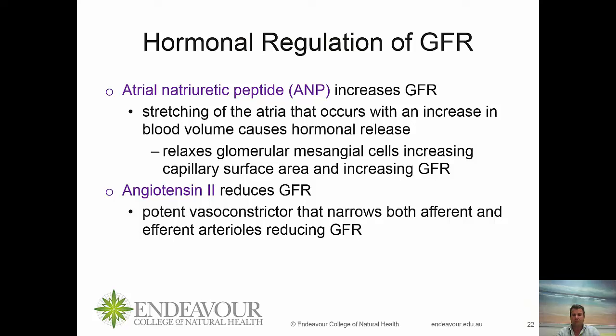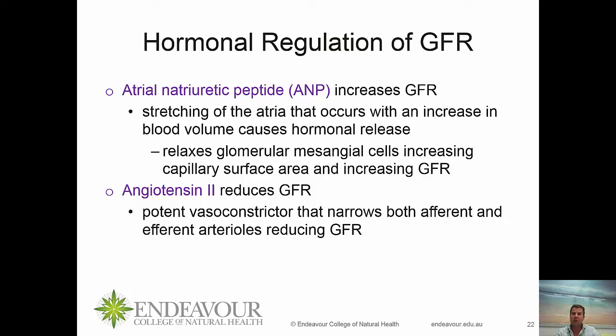Okay. The other thing that we can do to regulate our GFR is hormones. One hormone increases GFR and the other one decreases GFR. The one hormone we should worry about that increases GFR is called atrial natriuretic peptide, or ANP, and it's released by the heart. The heart actually produces a hormone, and it's produced by the atria.